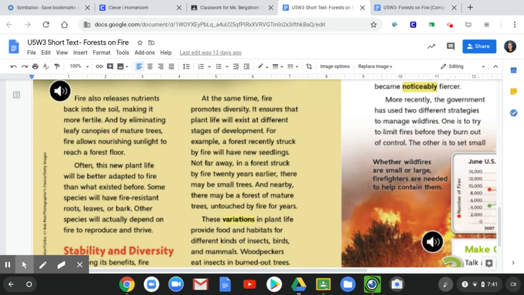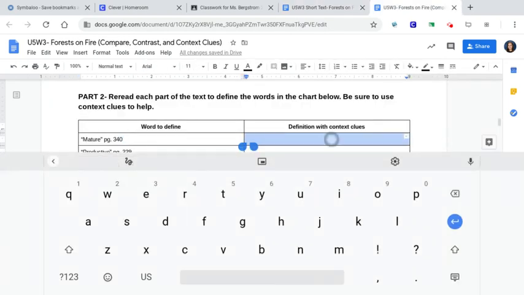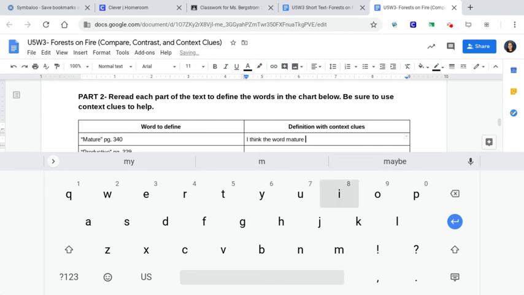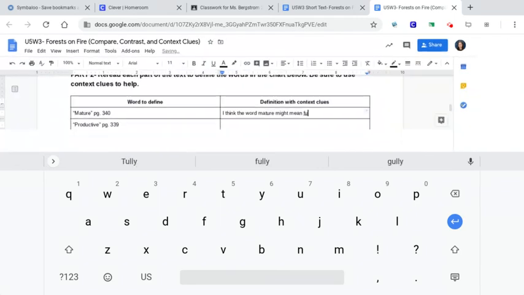So here's how I would answer that question. Let me go back here. I would say, I think the word mature might mean, let's say, fully grown.